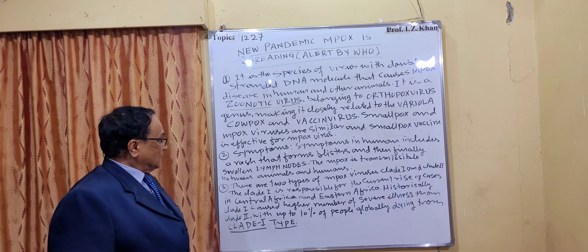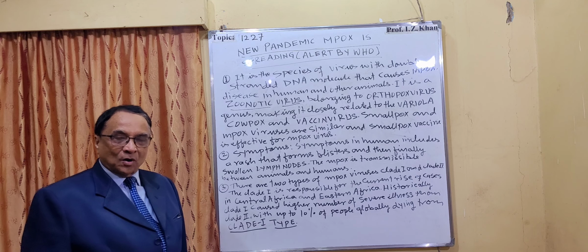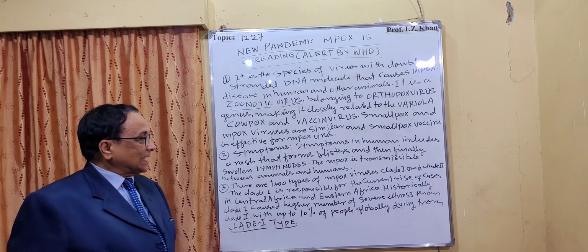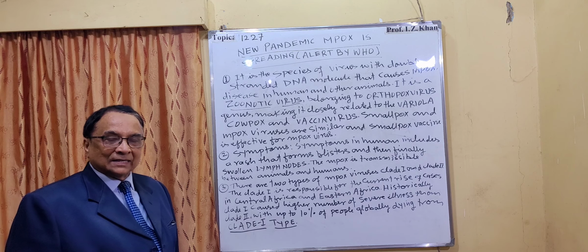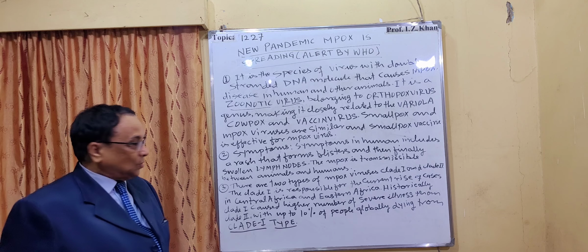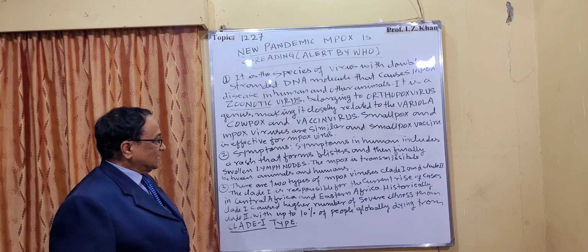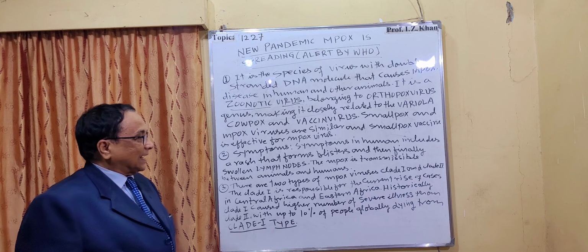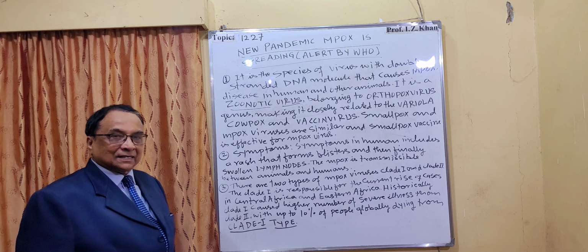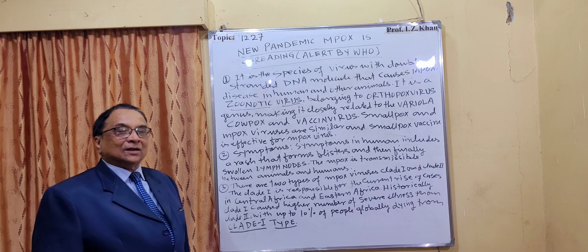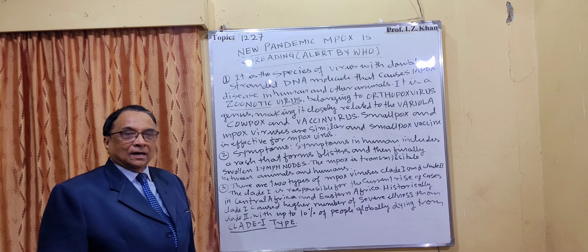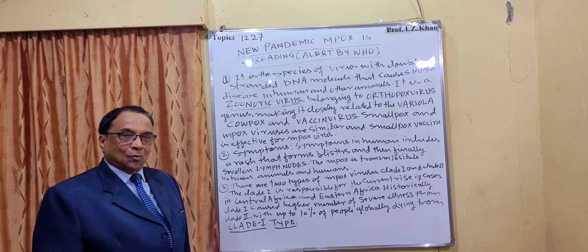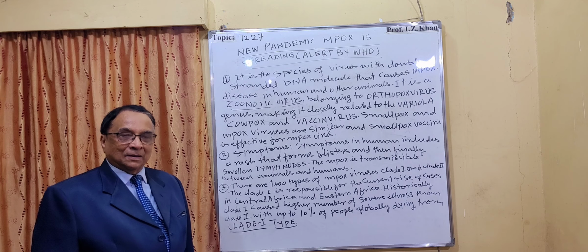Number 3, there are 2 types of mpox viruses. One type is clade 1, and the second is clade 2. Clade 1 is responsible for the current rise of cases in Central Africa. That 9-year-old boy who was affected in Congo was affected by the clade 1 type of mpox virus.